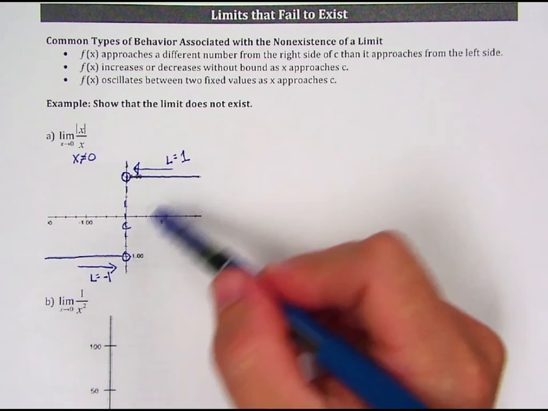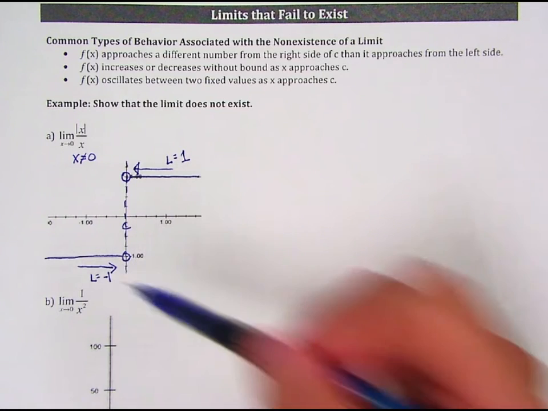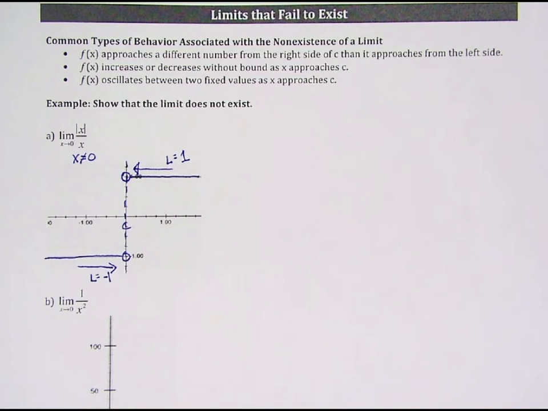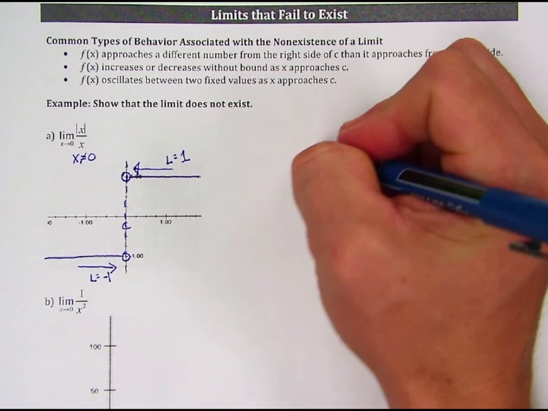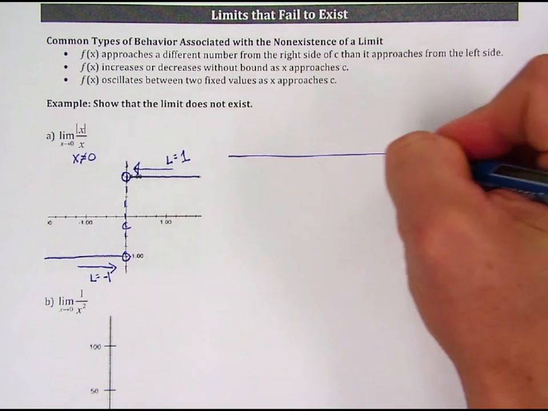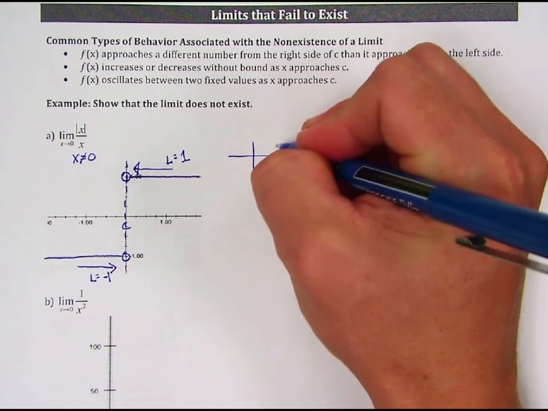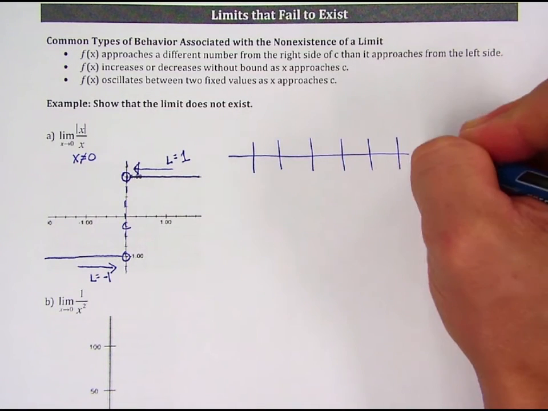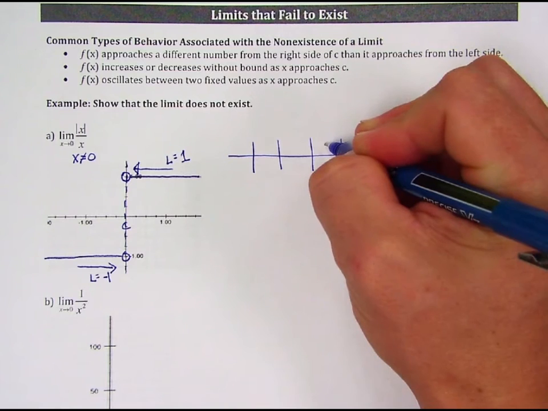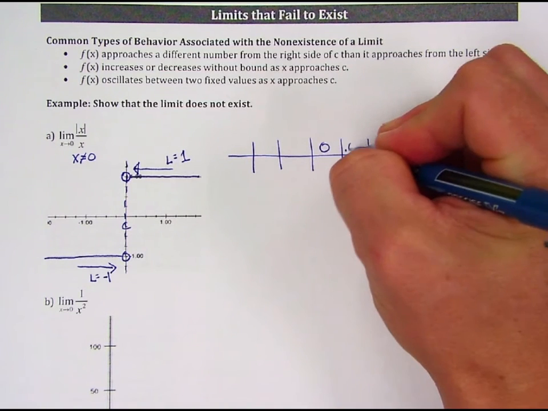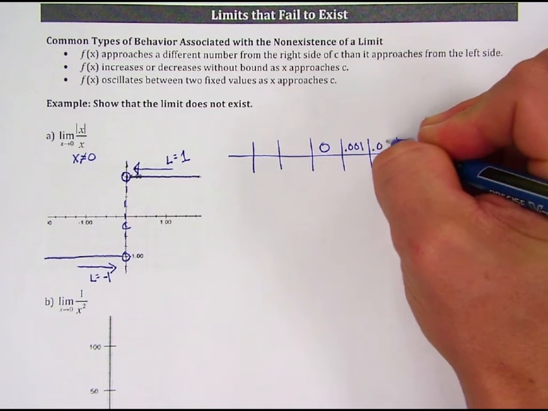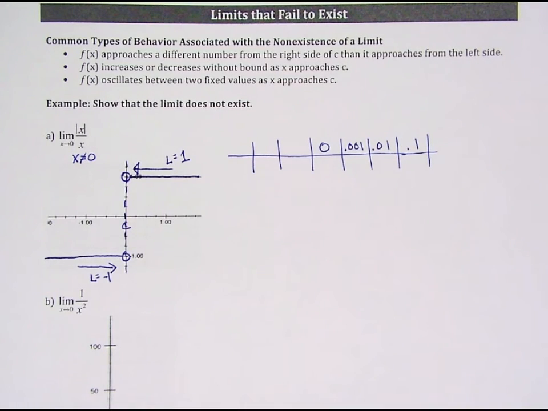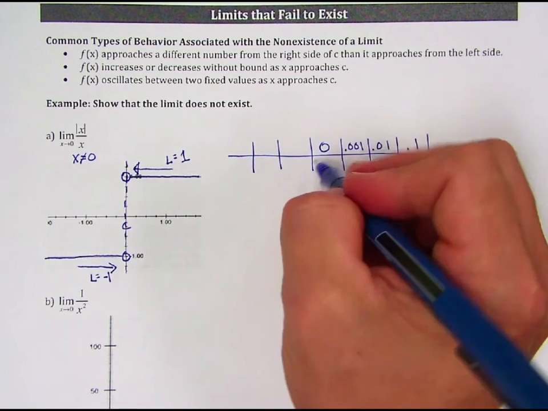So that right there is going to tell me that the limit doesn't exist. If we look at our table of values here, we'll put 0 here in the middle. Get larger and then get smaller.